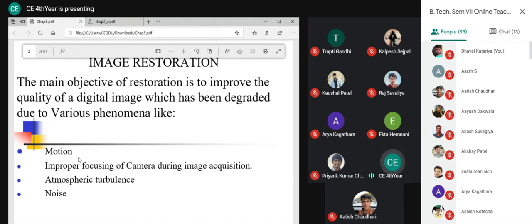So what we want to do is undo the effect of degradation. The degradation may come from motion, or from improper focus. I think all of you have experienced this: if the camera is improperly focused and you capture the image, it is quite a degraded image, right? If you want to restore it from those unfocused lenses, then you can.